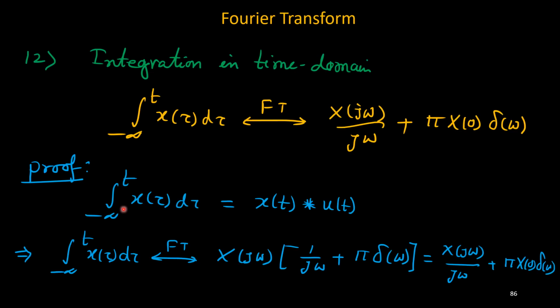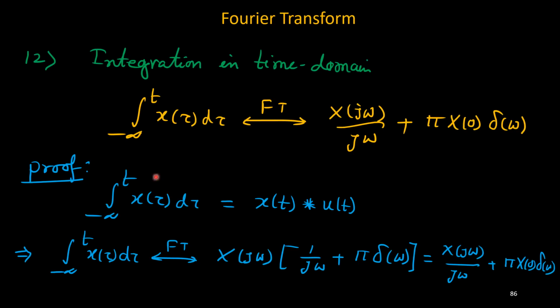We can prove this by considering that this integral from minus infinity to t of x of tau d tau can be seen as the convolution of x of t with u of t. You know the convolution is the integral of x of tau u of t minus tau, and u of t minus tau is 1 only for tau within minus infinity to t. Thus the range will be minus infinity to t, and u of t minus tau is 1, so it will be simply x of tau d tau.